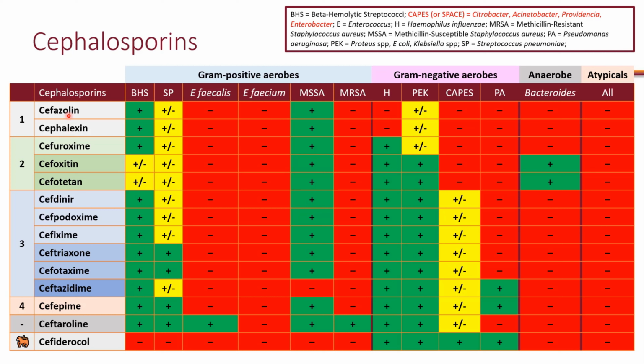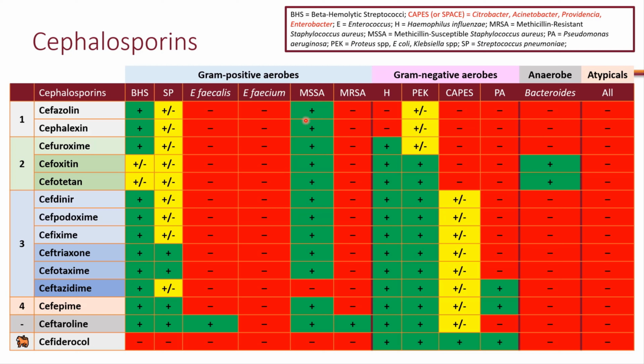So we have for the first generation, cefazolin and cephalexin. They have essentially identical spectrum of coverage, so good activity against beta hemolytic, somewhat activity against strep pneumo, and nothing against Enterococcus species.